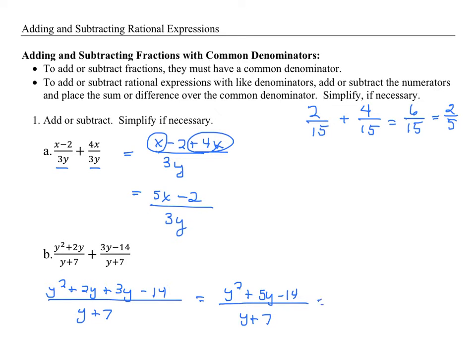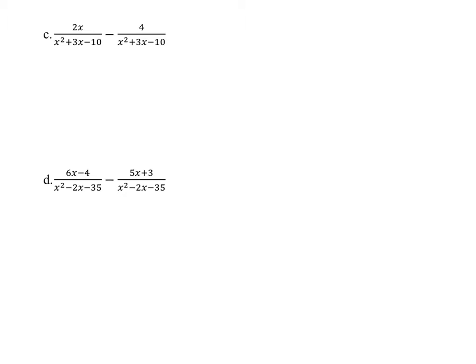And this one is, I can factor my numerator: y plus 7 times y minus 2 over y minus 2. Check your parentheses. y minus 2, we divide out, we get a 1. We're left with y plus 7, and we're done. Next, let's look at this one.